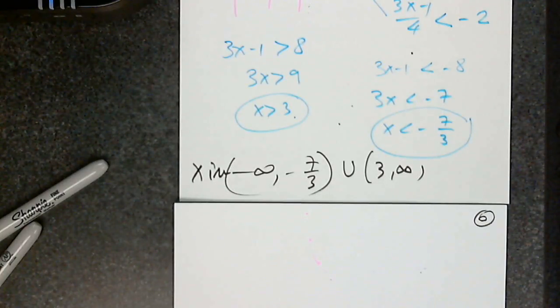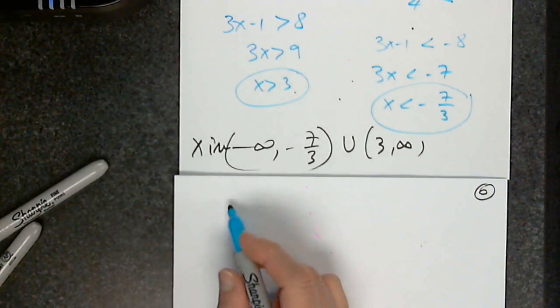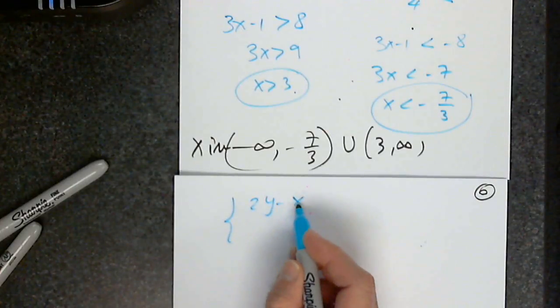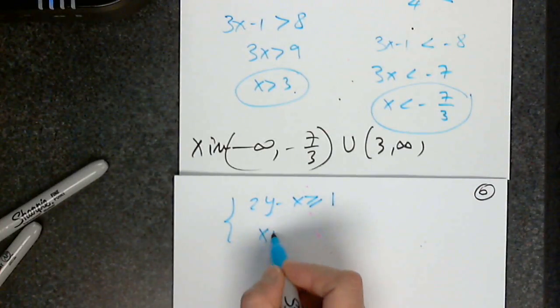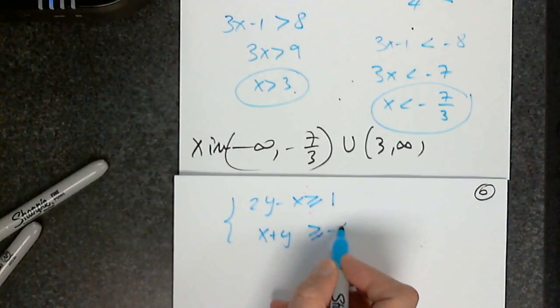I'm lying. It's at the end of chapter 9. Sorry about that. Let's say 2y minus x greater than or equal to 1 and x plus y greater than or equal to negative 4.